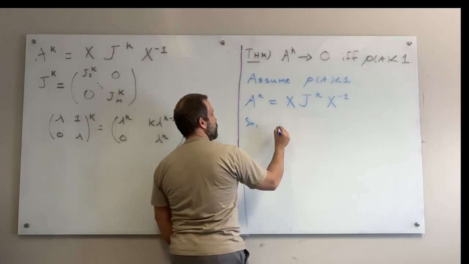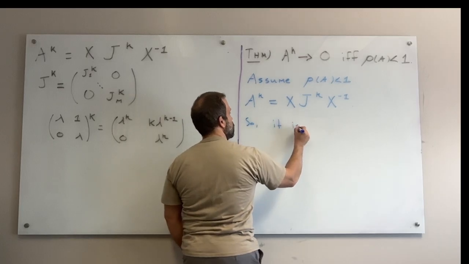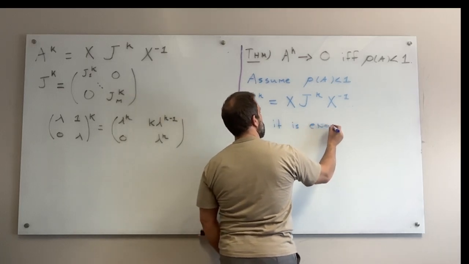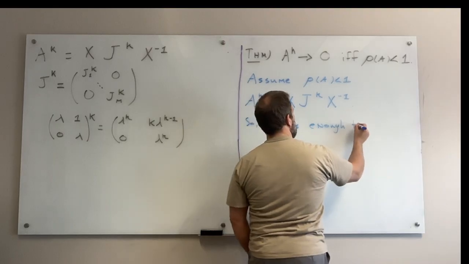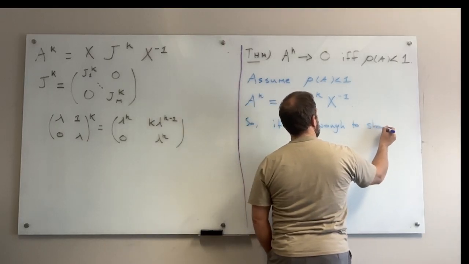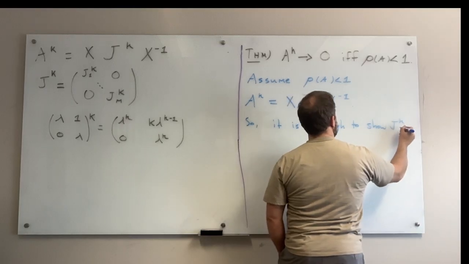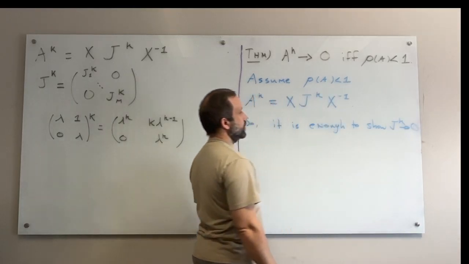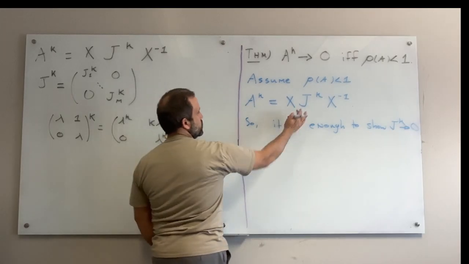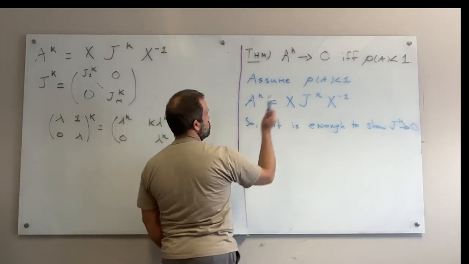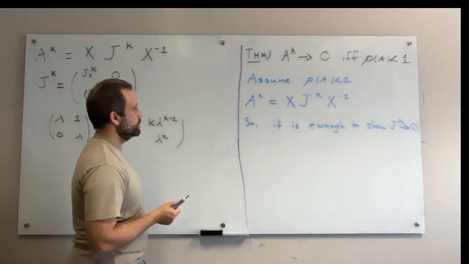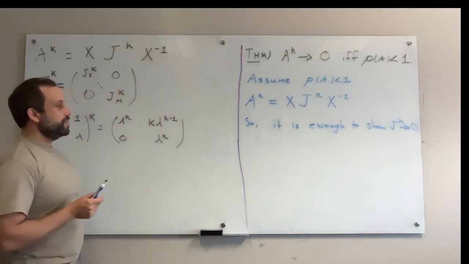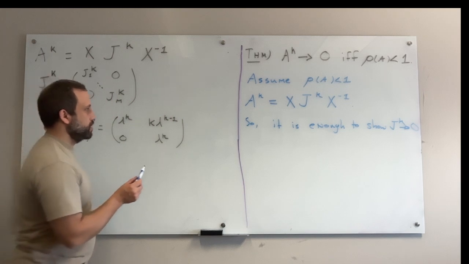So it is enough to show that J^k converges to the 0 matrix. Because if this converges to the 0 matrix, then X times 0 is equal to the 0 matrix. Okay, so it's enough to show that J^k converges to the 0 matrix.